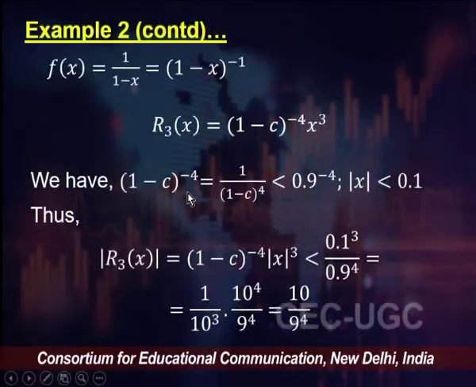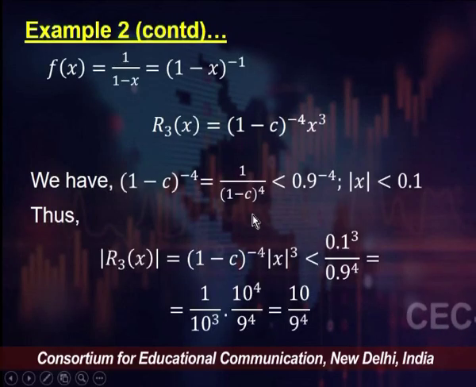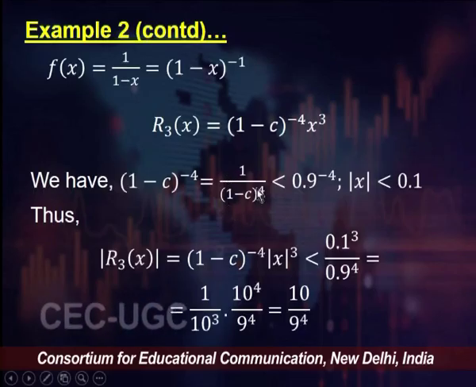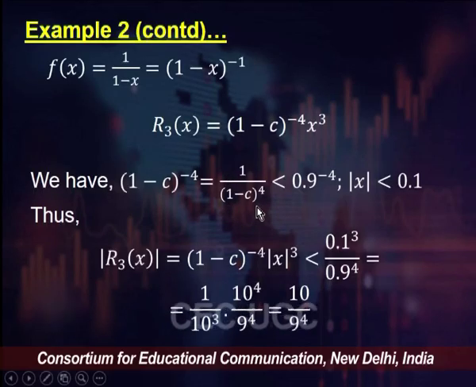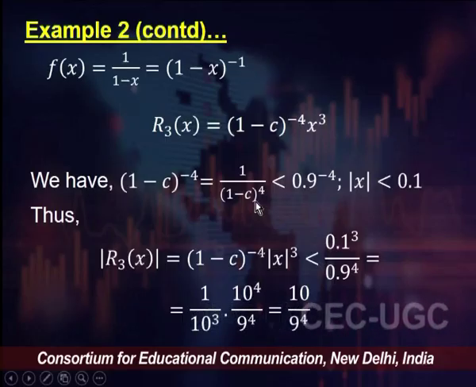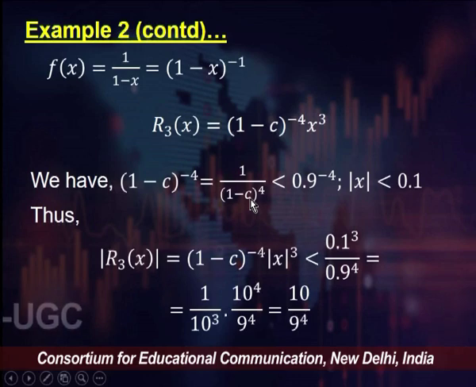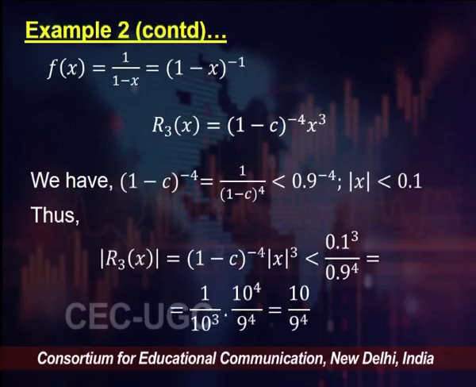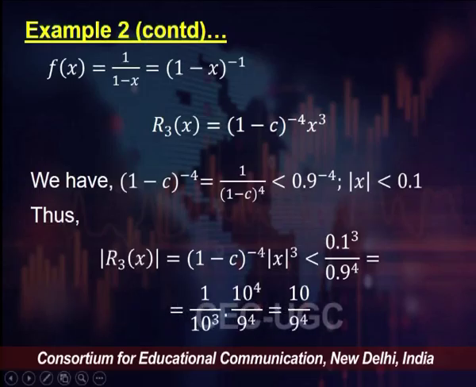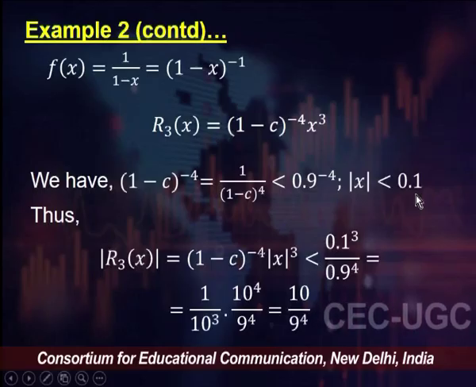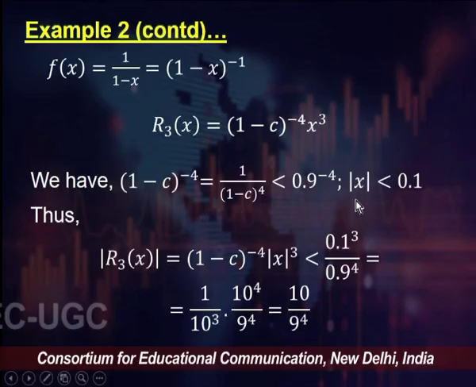Now (1 minus c) to the power minus 4, I can write as 1 upon (1 minus c) to the power 4. A function of this kind, a function of c, would be a strictly increasing function and would have its highest value where c is at its largest, because if you notice here, c runs from minus 0.1 to 0.1. Mod x is less than 0.1 because c lies between 0 and x, so x lies between minus 0.1 and 0.1.